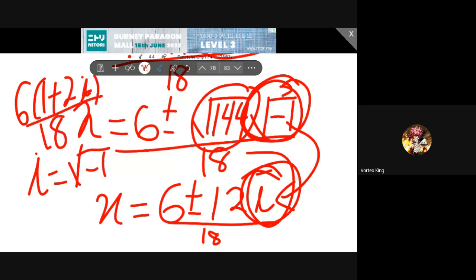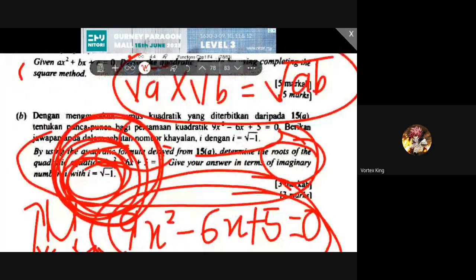You can cancel the 6 with the 18: 1 over 3. Give it in the simplest form. That's the best way. Okay, so this is the answer to this question. So all okay. We have solved this question.